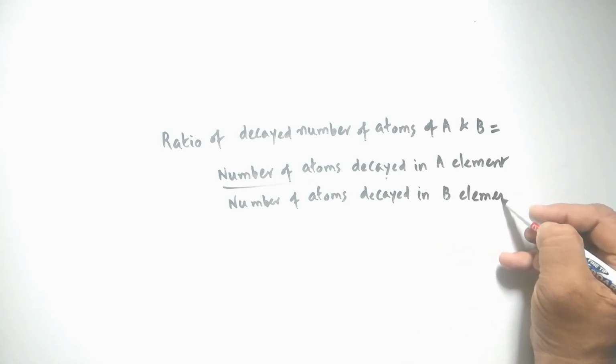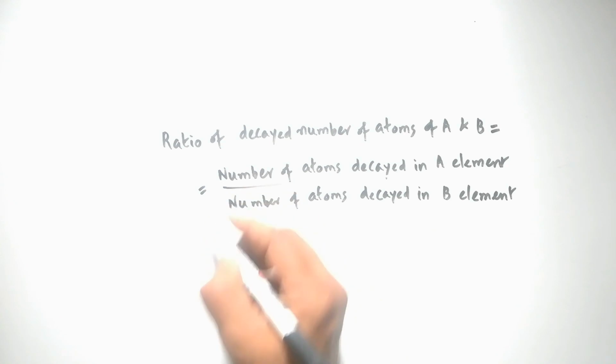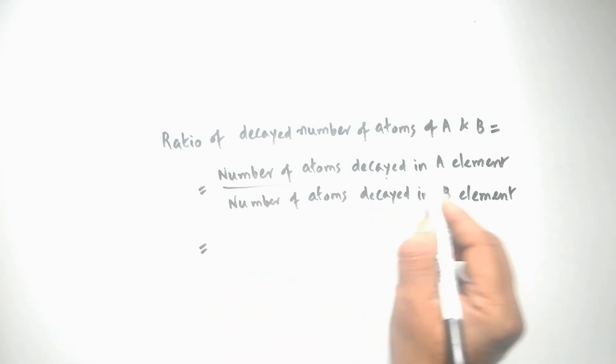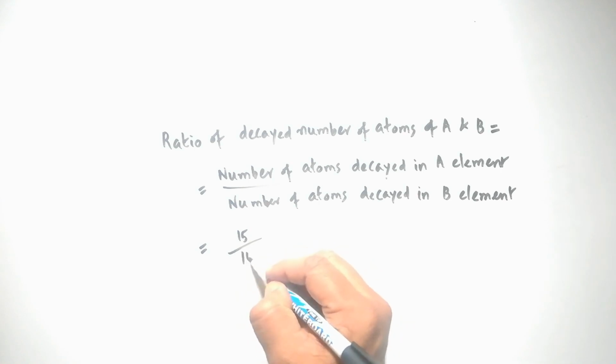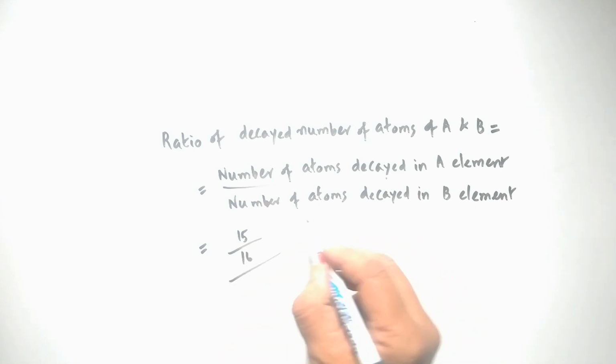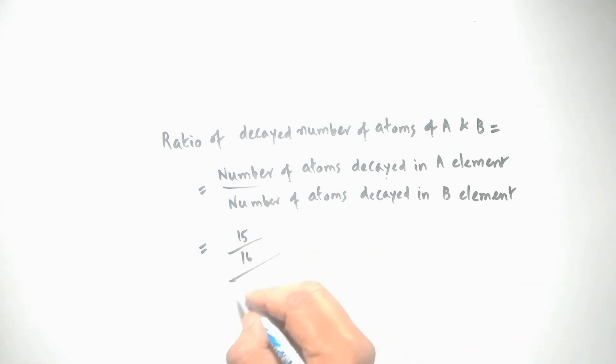Both the two answers are known, both of them to be substituted here. Number of atoms decayed in A element was already found out, 15 divided by 16, whole divided by the number of atoms decayed in B element, which is 3 by 4.